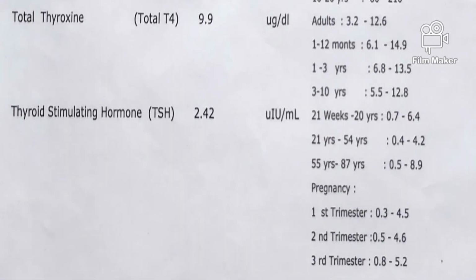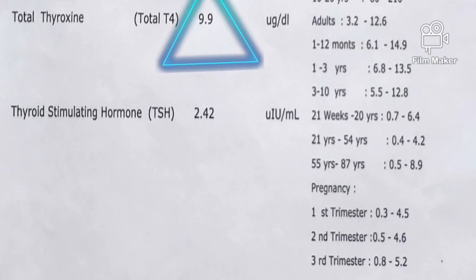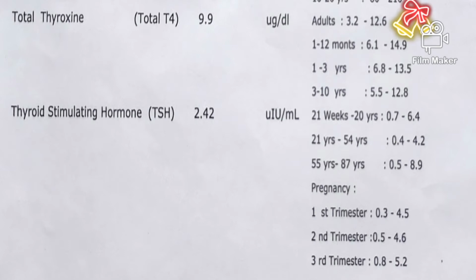Now we'll go with the T4 levels, that is tetraiodothyronine levels. In this report, we can see T4 levels are 9.9 micrograms per deciliter. And beside this, we can see the reference values. In adults, it ranges from 3.2 to 12.6.